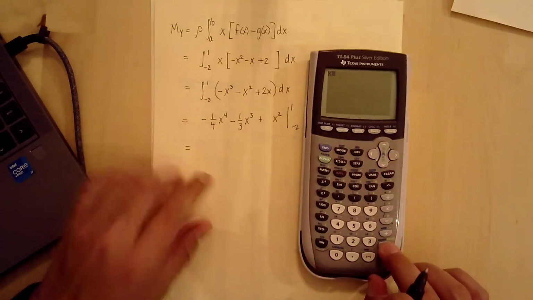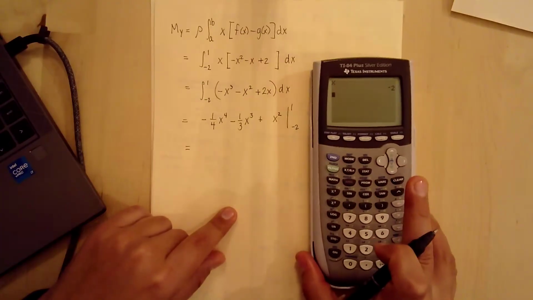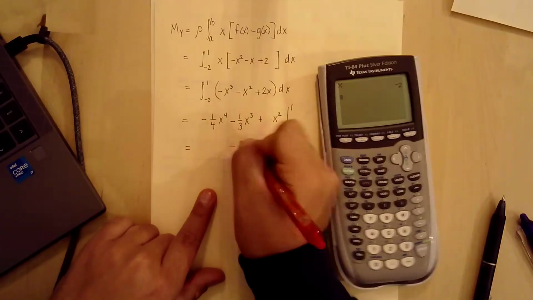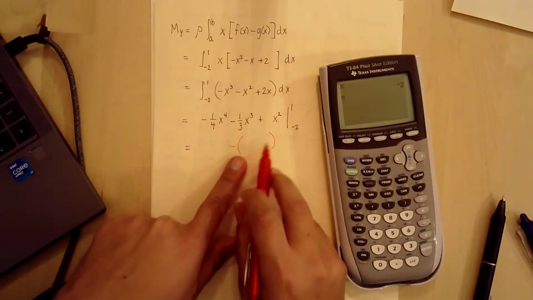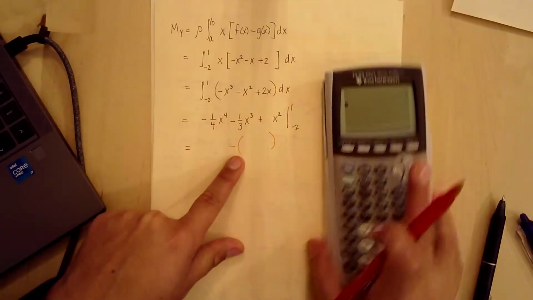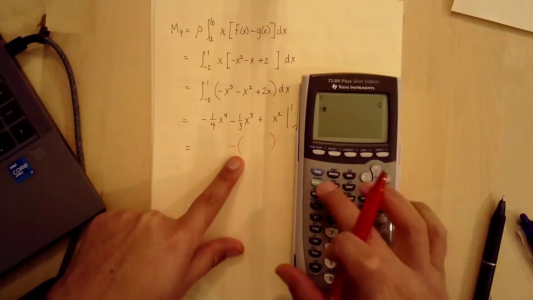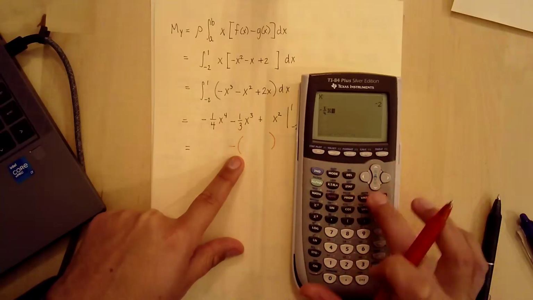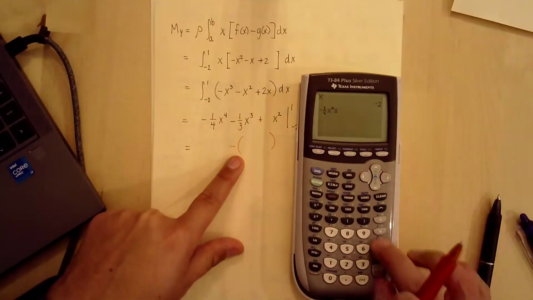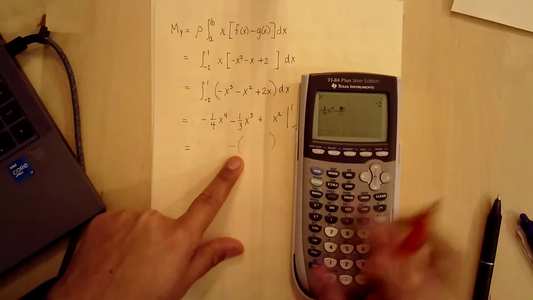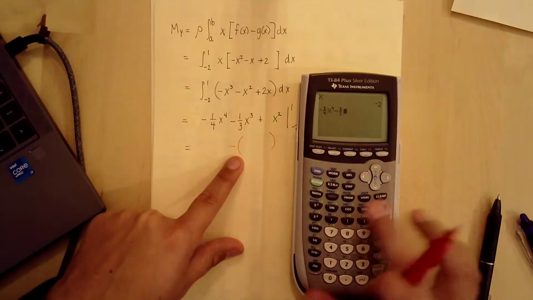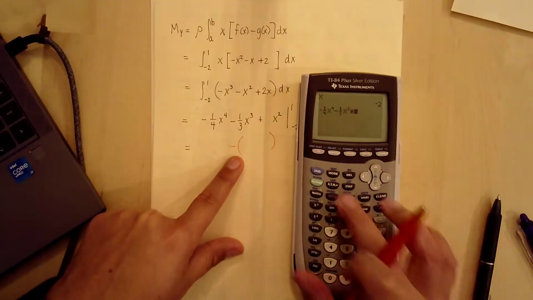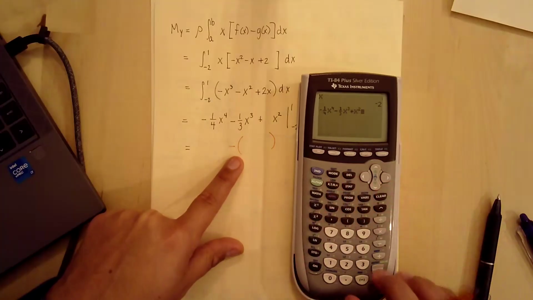So I've already forgotten what x is. We stored it as -2. So it's going to be this function, and I'm going to evaluate it at -2 to put it in the parentheses here. So that's going to be -1/4 x to the fourth minus 1/3 x to the third plus x squared.